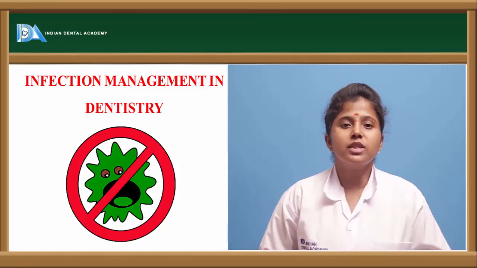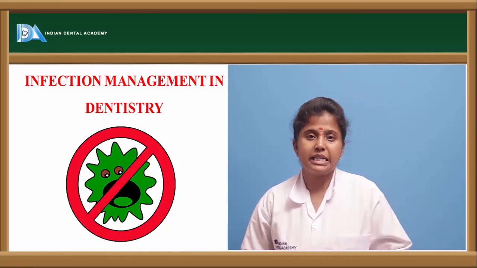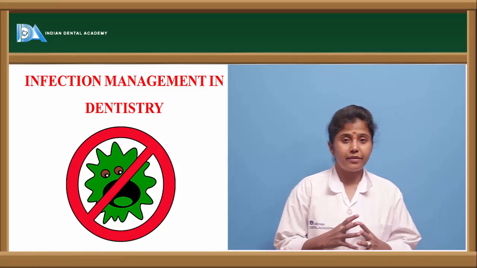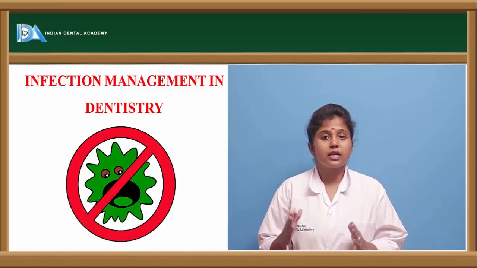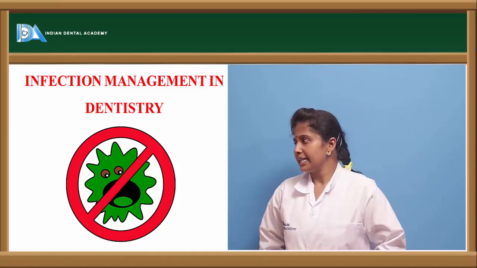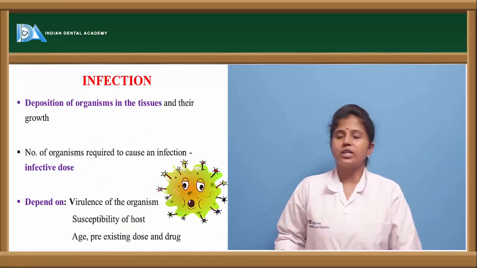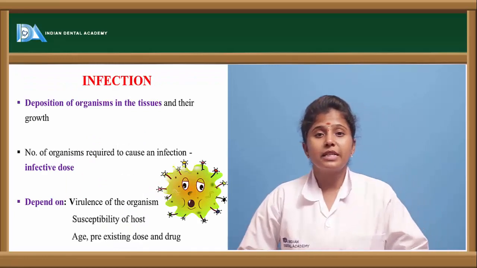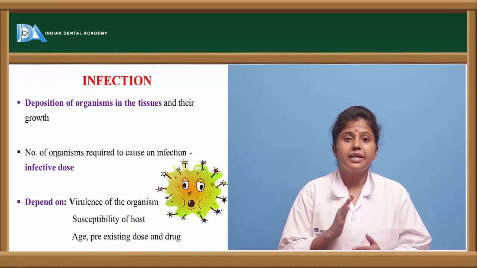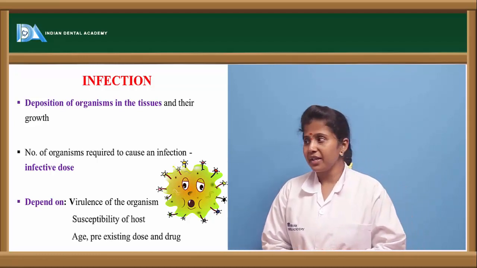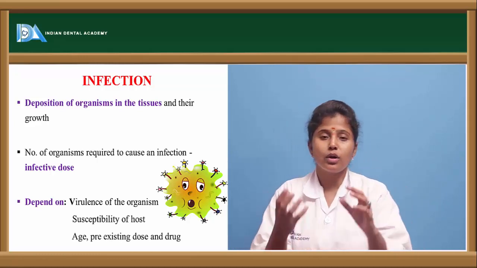Now let us see how the infection can be controlled in the dental office. If there is any infection, how can we control that infection in dentistry? What is infection? If microorganisms deposit on a body surface, it leads to infection.